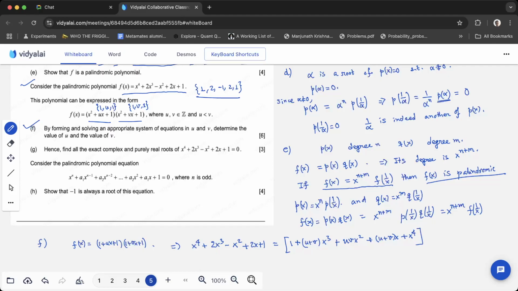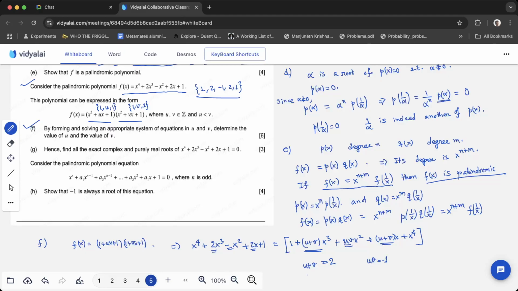So now we can compare the coefficient of each power of x on both sides. So here we get u plus v equals, so if we compare the coefficient of x cubed or x, it doesn't matter, both of them have the same coefficients. u plus v equals 2, and uv, that is the coefficient of x squared, is -1.